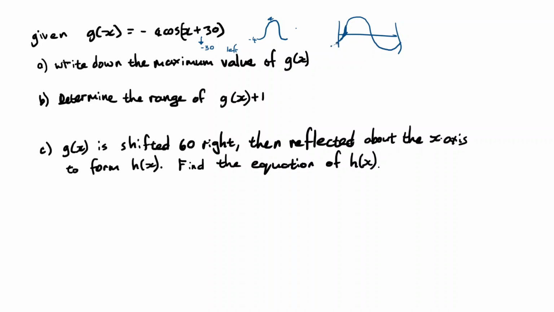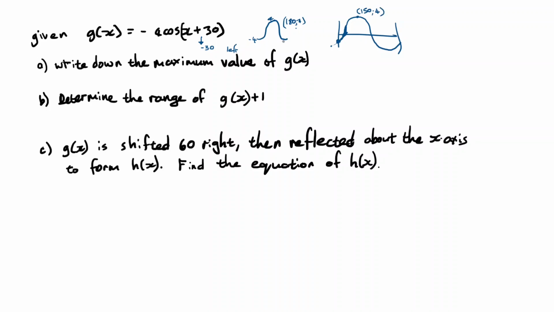Obviously, you would only start it here at 0 if the domain was 0 to 360 like normal. If the highest point should have been at 4, that would have happened at 180 and 4, and so it's just shifted left 30, so its highest point is at 150 and 4.